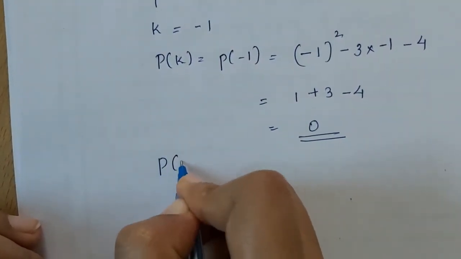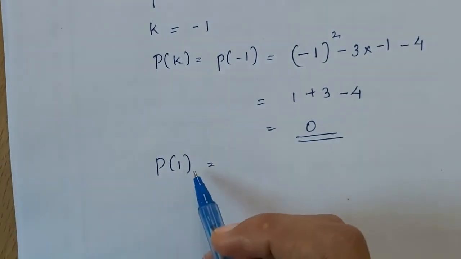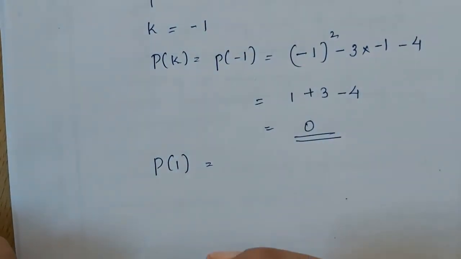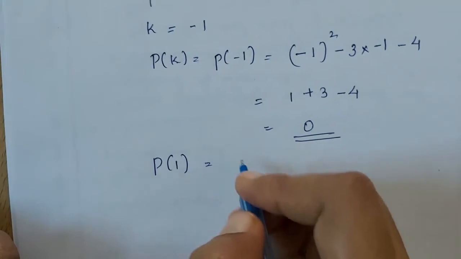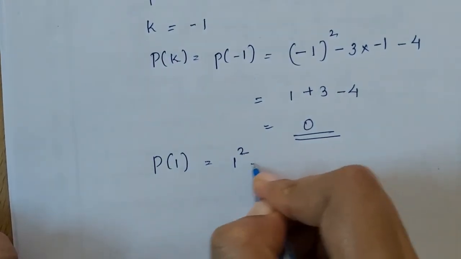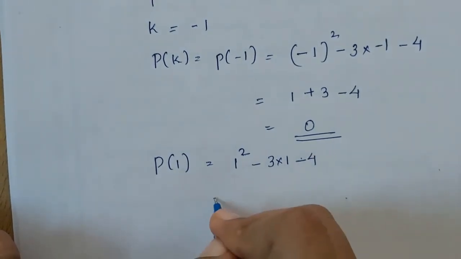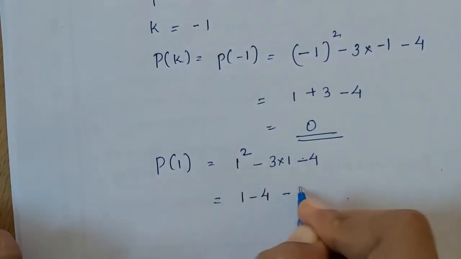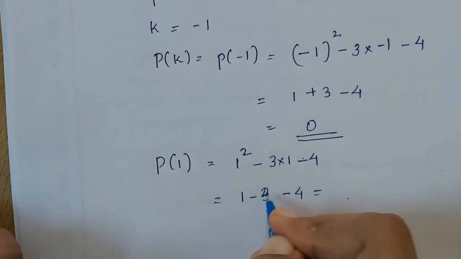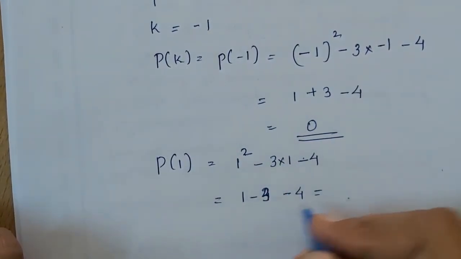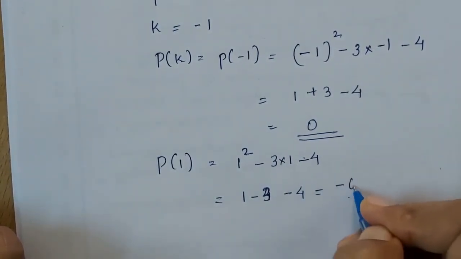Another case, p of 1, that is I am giving the value 1 in place of x, that is 1 square minus 3 into 1 minus 4, that is 1 minus 3 minus 4, minus 6.